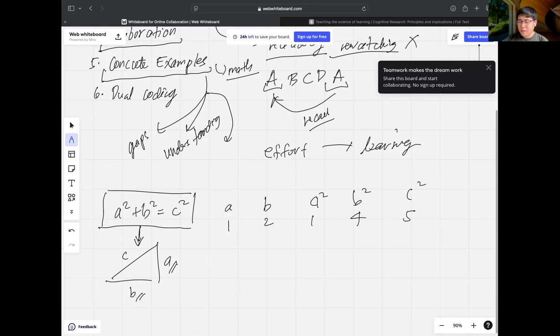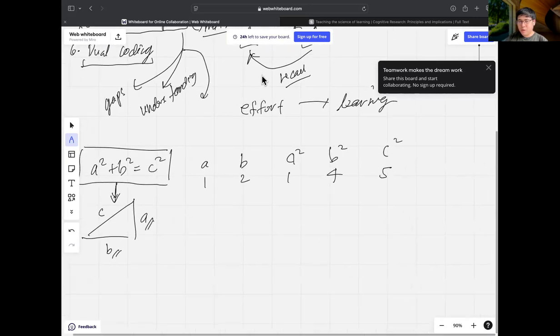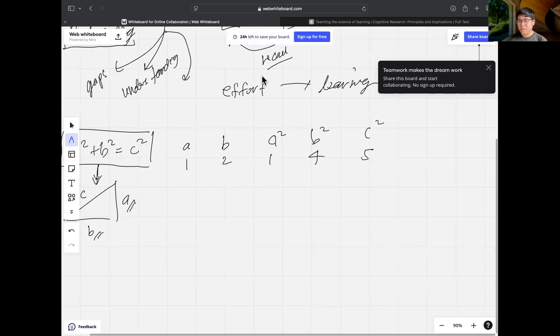And finally, dual coding. Dual coding is when you combine words with visuals. So words plus visuals. When you're learning something, you try to relate some visual thing with whatever it is. For example, if you're learning code, maybe those could be the words, right?